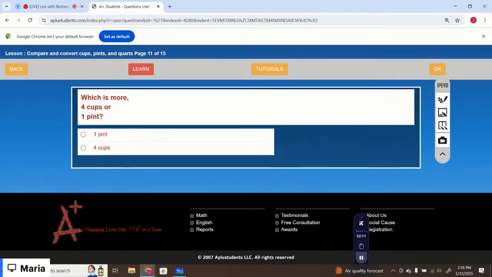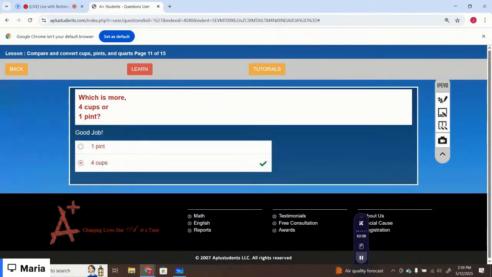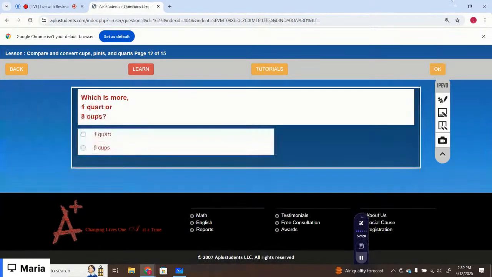Which is more, 4 cups or 1 pint? That is, 4 cups is more than 1 pint. Option number two is the correct option. Okay, you can complete the lesson by yourself.